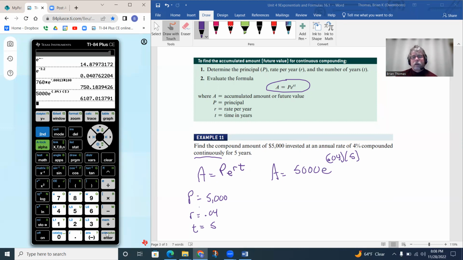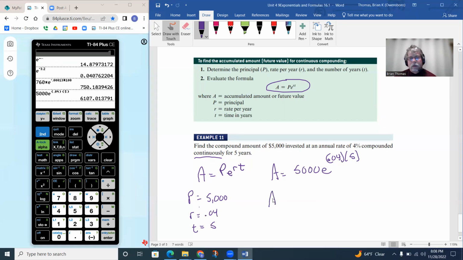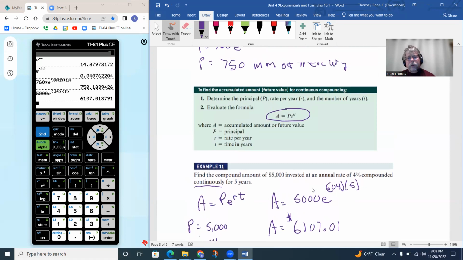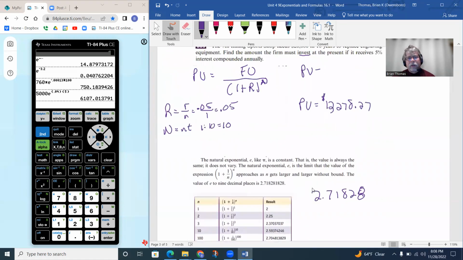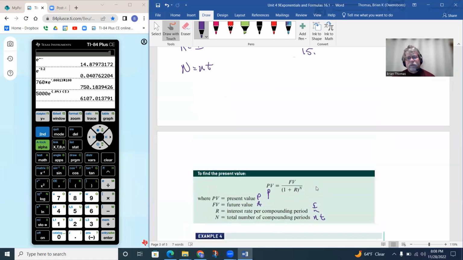So that gives us A as 6,107 and a penny. So that would be our future value. All right, so that gives you a little bit of an idea of how to work with some exponential types of math, especially with some formulas in finance.